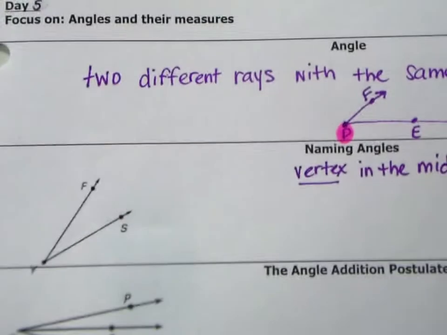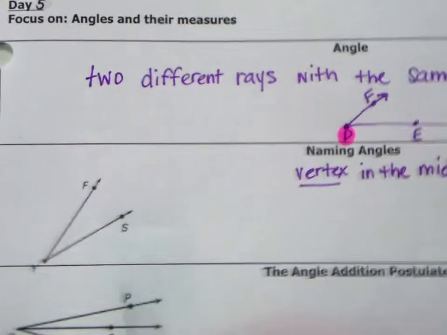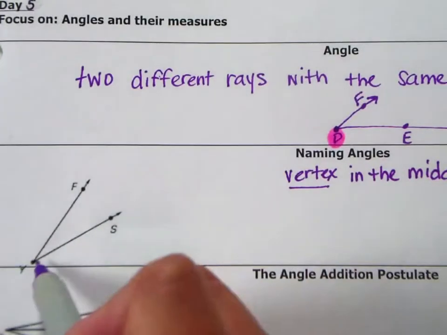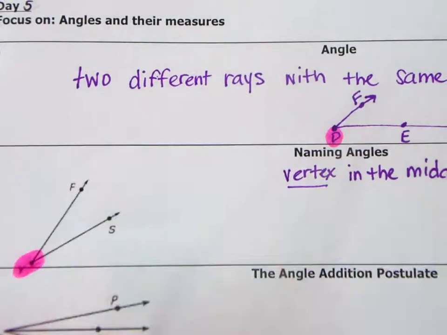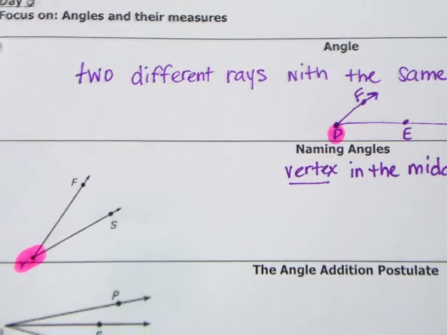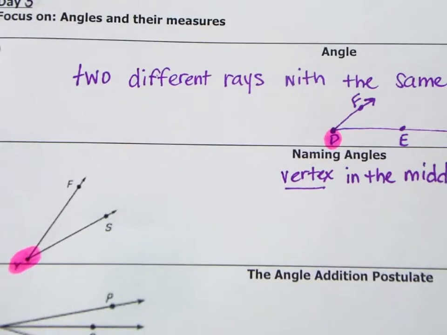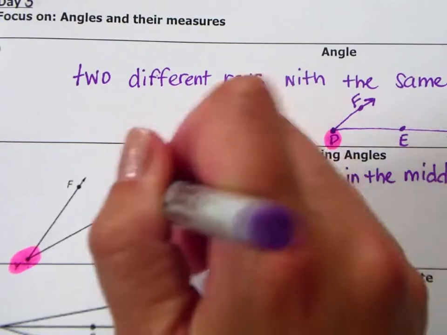So if we look at this first example over on the left, first of all, I want you to highlight your vertex, which in this case is point Y. So when we name this angle, we need to make sure that letter is in the middle. We can name this angle as angle FYS.